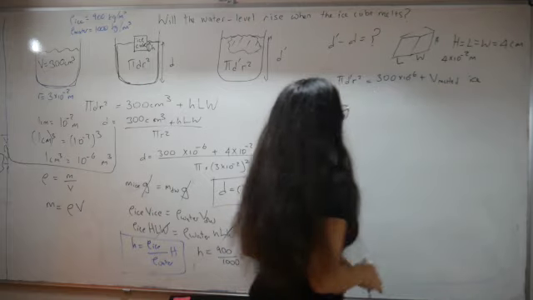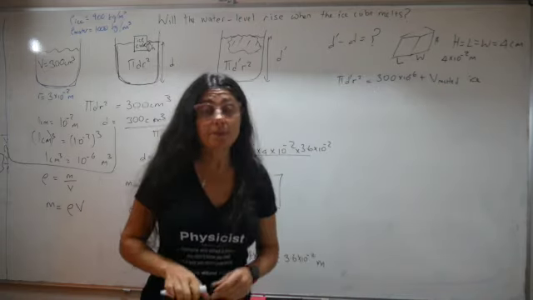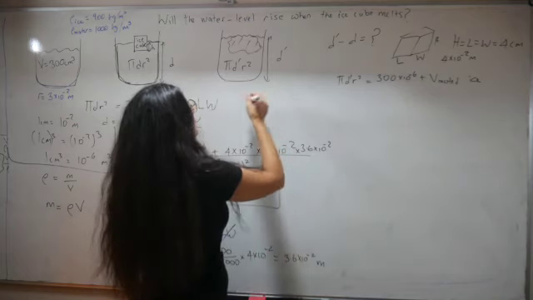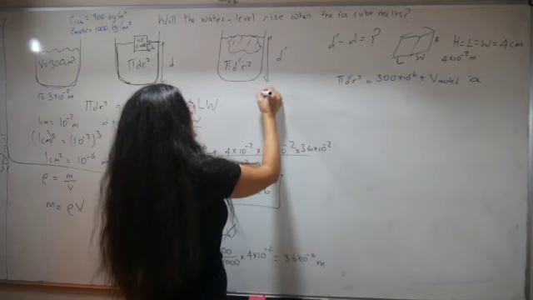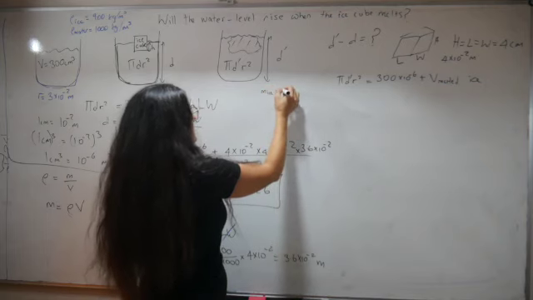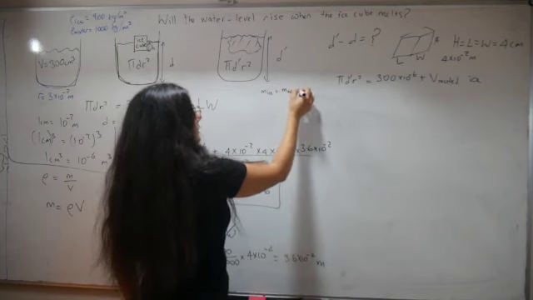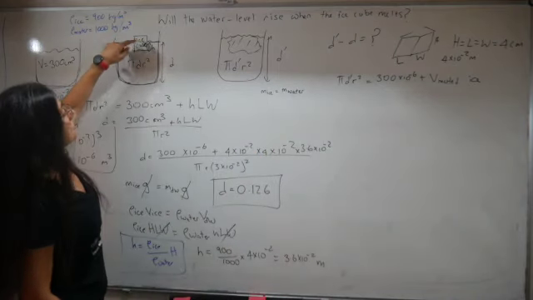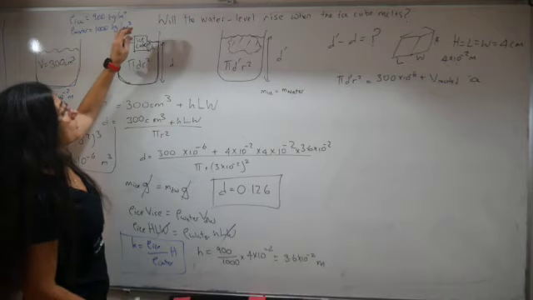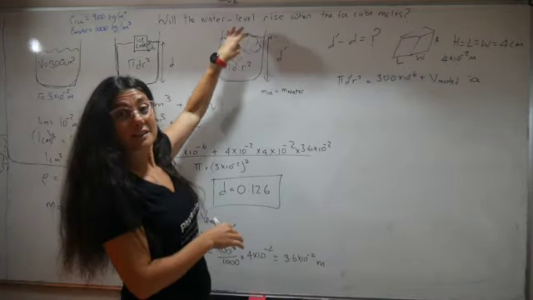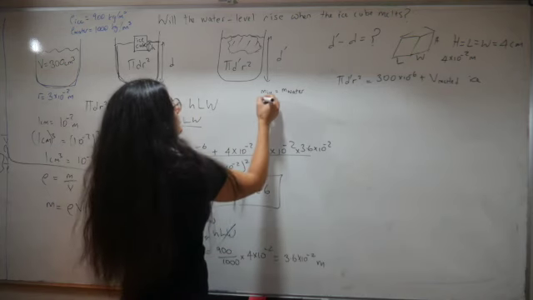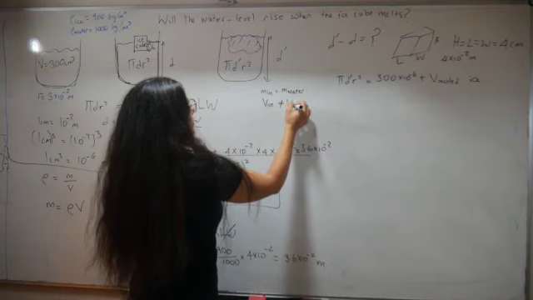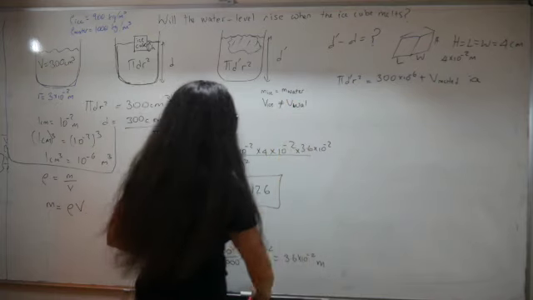Okay, so at this point, maybe I should say that the mass of the ice is the same as the mass of the water. In other words, the amount of ice molecules here will be the same as the amount when it melts. However, the volume of ice is not the volume of melted ice.